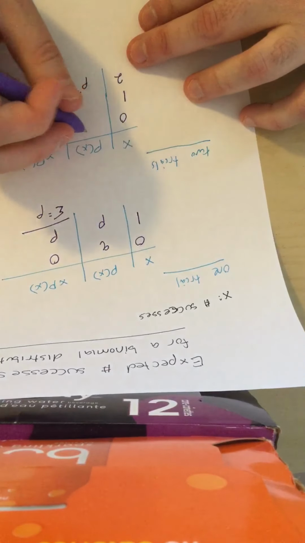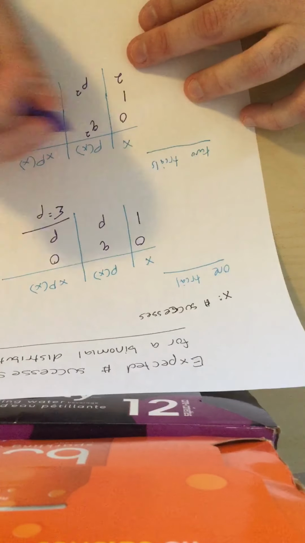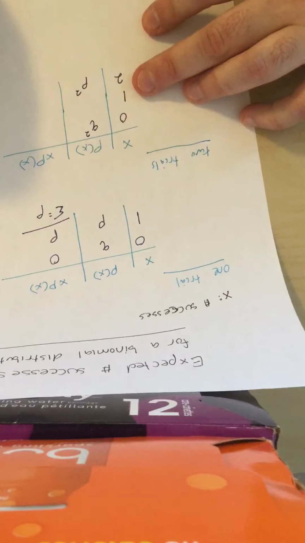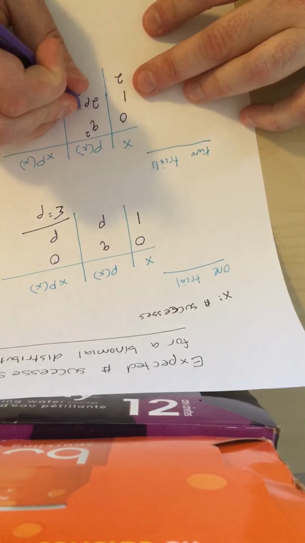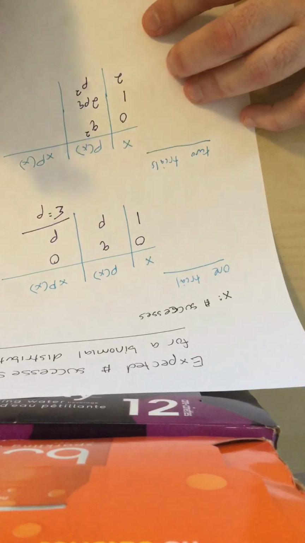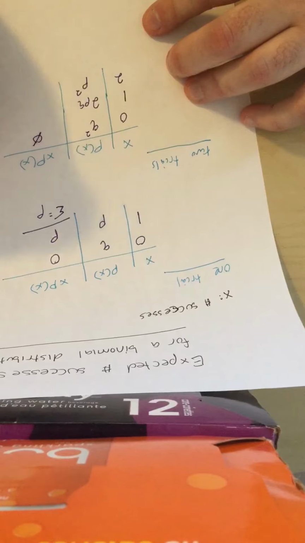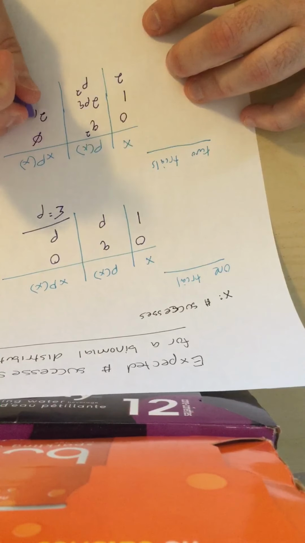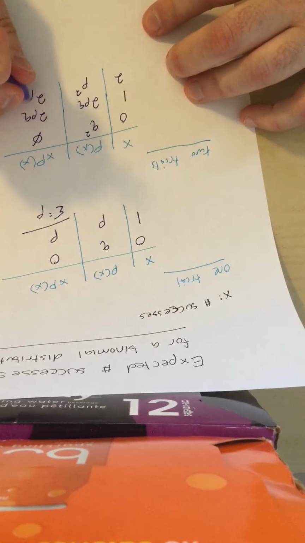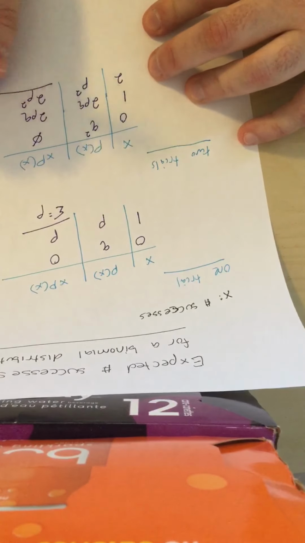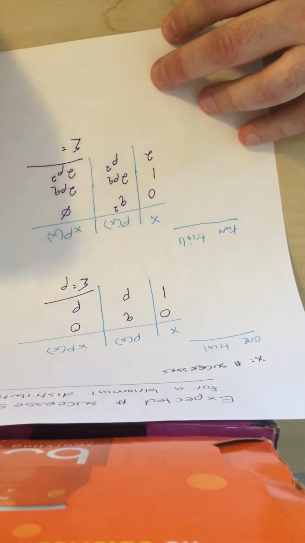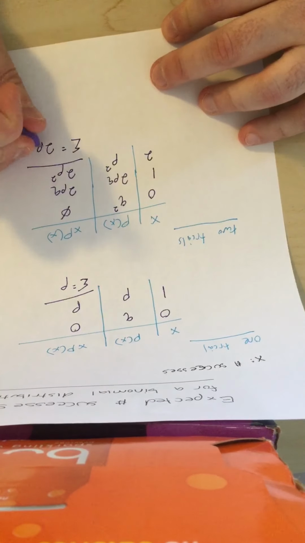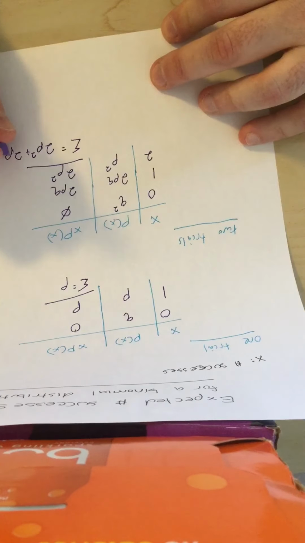And this one's going to be Q squared. This one can either be P times Q or Q times P. Either way, it's going to be 2PQ. It's going to be PQ plus PQ. So we multiply these, we're going to get 0, 2PQ, 2P squared. And we add it up, and we get 2P squared plus 2PQ.